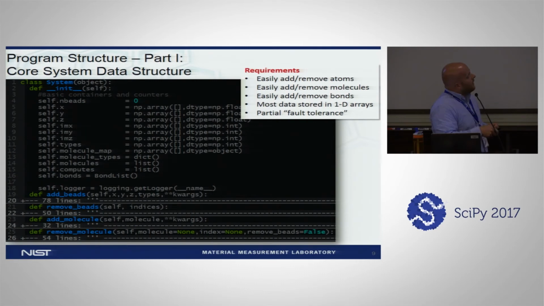And so this system class is unit tested, and it's set up so that you can relatively efficiently add and remove any number of beads or molecules you want for a given Monte Carlo move. This allows a lot of flexibility in terms of developing new Monte Carlo moves within TypeISIM.